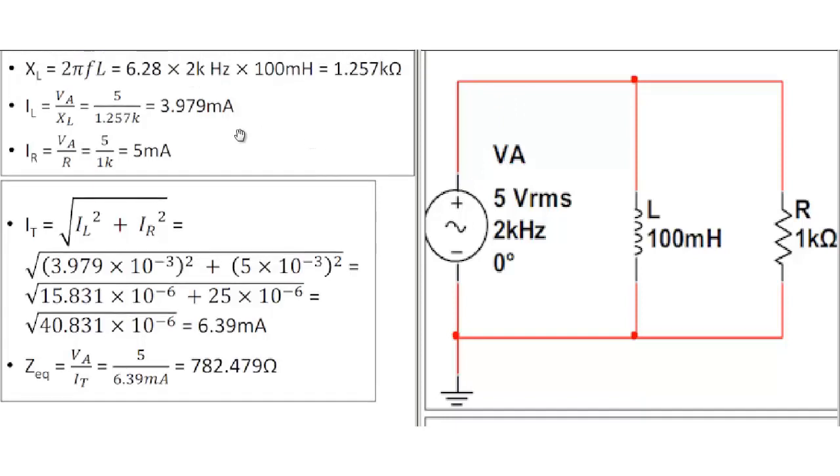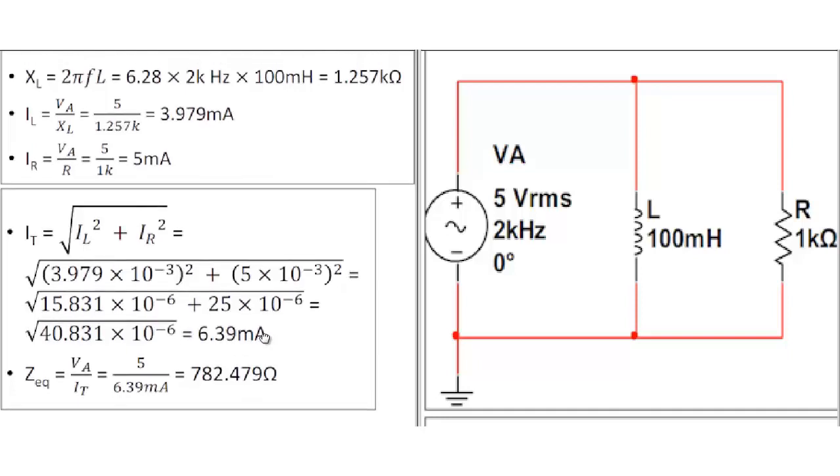What you have to do is take the individual currents and plug them into the Pythagorean theorem. The 5 milliamps and the 3.979 milliamps are the sides of a right triangle. The hypotenuse is the total current. You plug those values into the Pythagorean theorem, and you end up with 6.39 milliamps RMS.